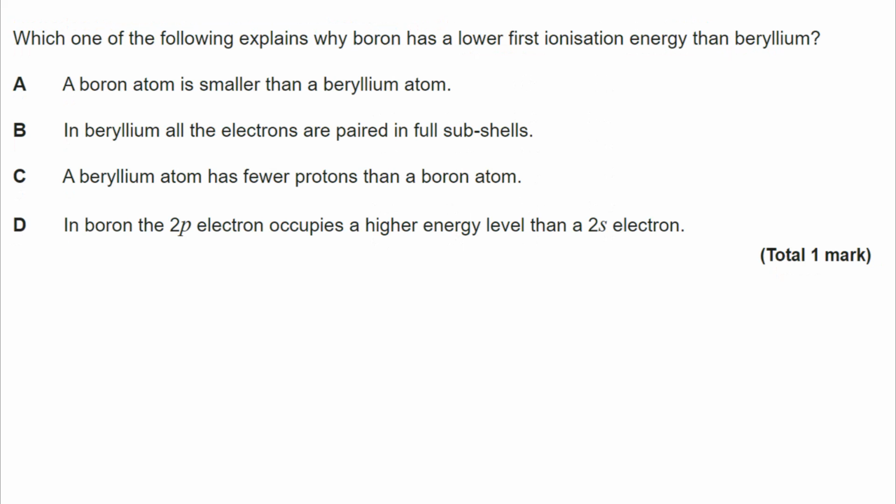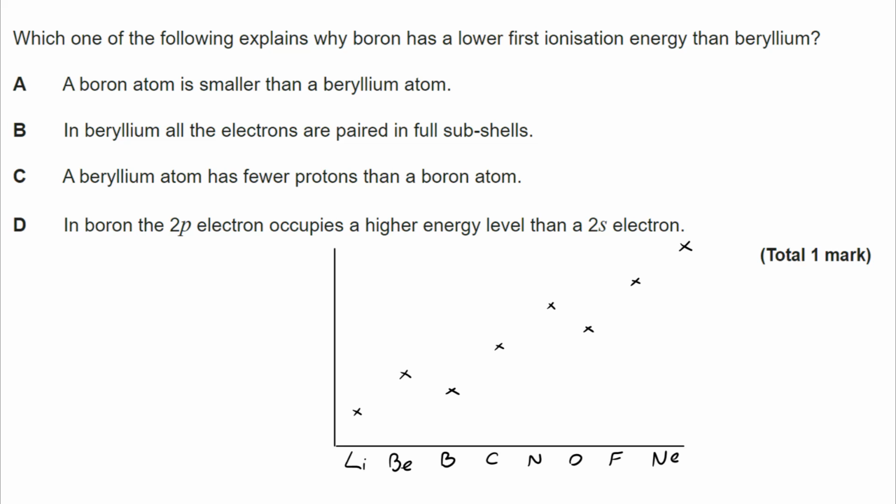So this is telling us boron does have a lower first ionization energy than beryllium. The question here is actually why. So I've put the graph up again so we can see it's exactly the same graph as we use in period 3, sodium across to argon. So it parallels over perfectly. We can see the dip at boron, we can see the dip at oxygen.